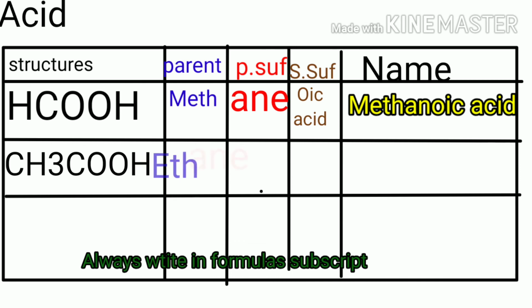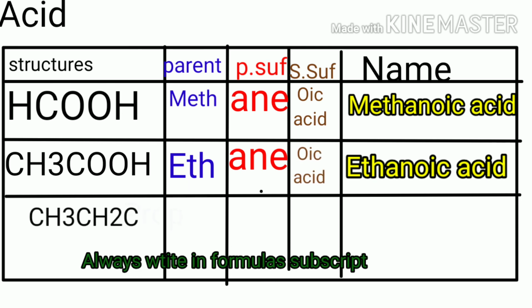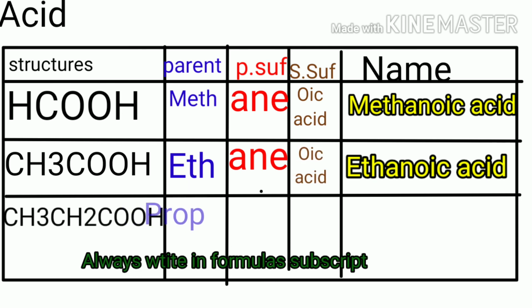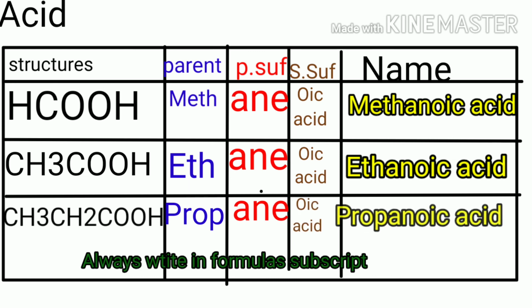So the name is eth plus ane plus oic acid, ethanoic acid. Then the third one has number of carbons 3. So parent prop plus ane plus oic acid. So the name is propanoic acid. All the formulas are written in subscript only.